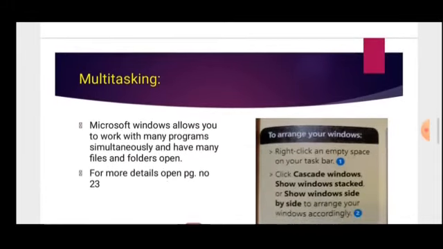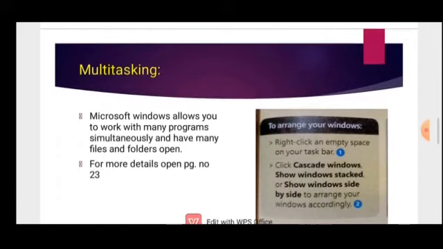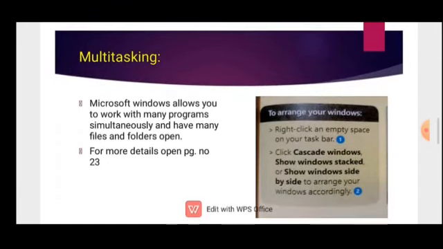Multitasking. What is multitasking? Multitasking allows you to work with many programs simultaneously and have many files and folders open. When there are many files and folders open, it is called multitasking. We use many files and folders and work on them, and many applications are open in our computers.